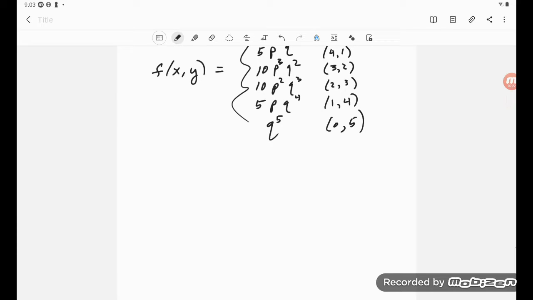And now we could talk about the marginal distribution. We could look at, say, f of x, and again, that's just the sum over all the y's. So it's the sum over y's of f of x, y.